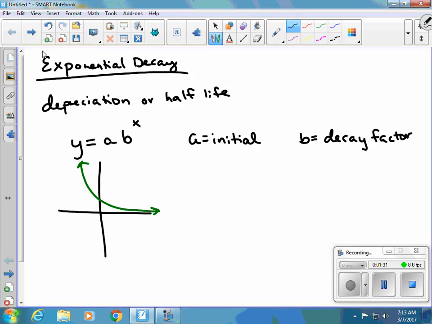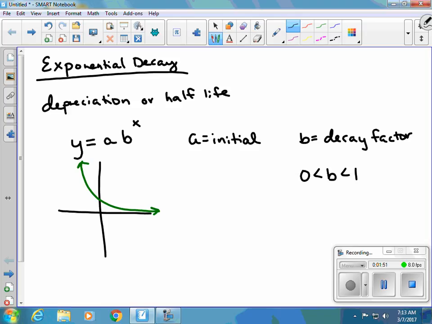With that being said, our decay factor has to be a certain number. The b value has to be between 0 and 1.